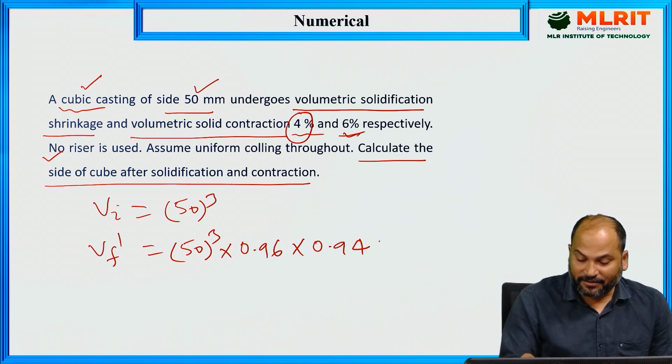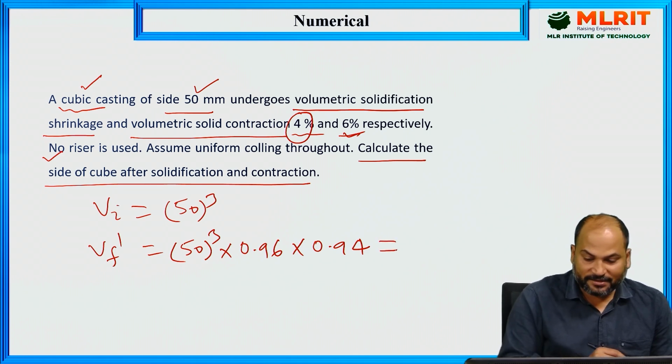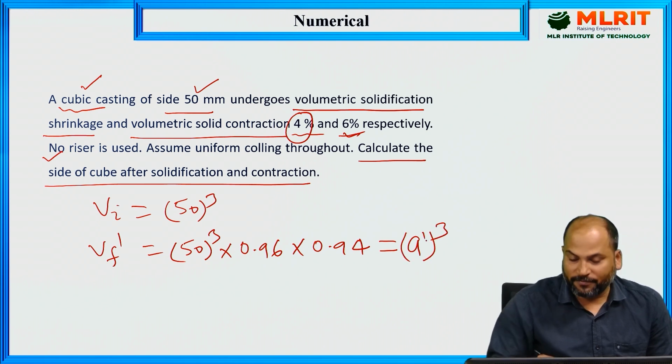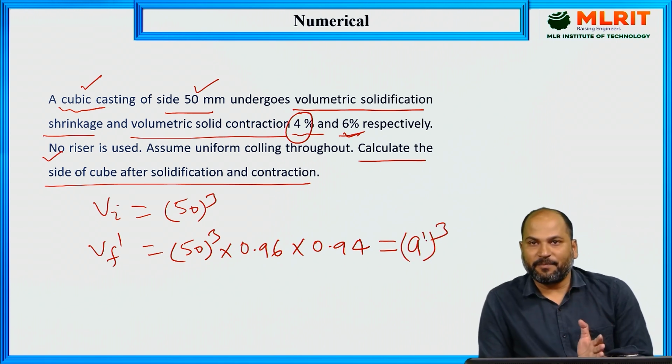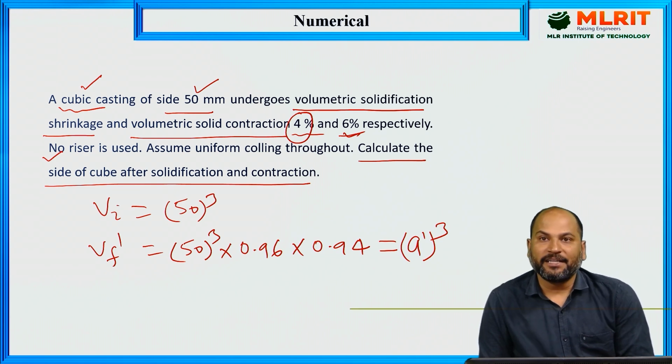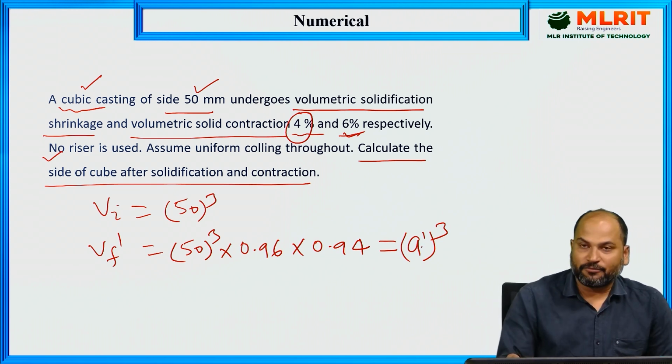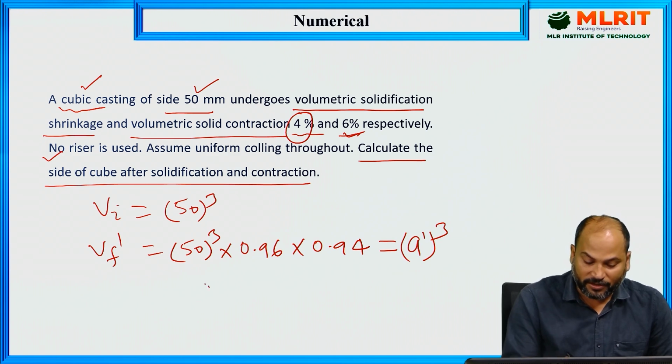If we write the final side length as A prime, then the final volume of the cube after shrinkage is A prime cubed. We have to find the value of A prime.